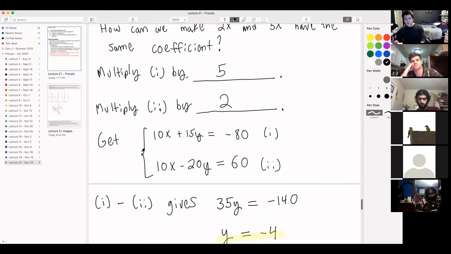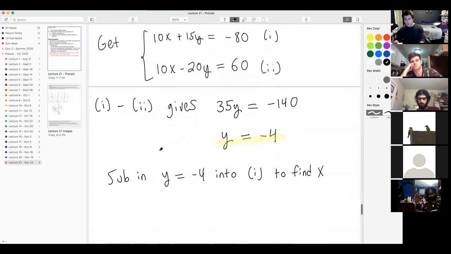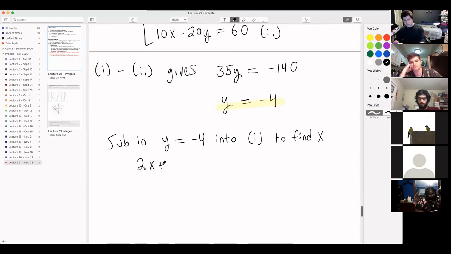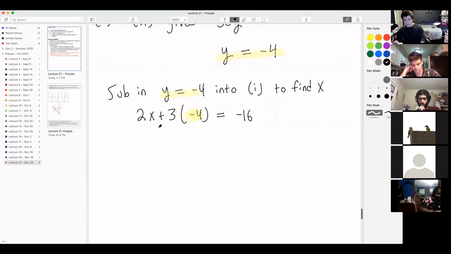Okay, so 2x plus 3 times negative 4 equals negative 16. So that's coming in right here. That's y. And I've solved this for x, so this is not really bad. This is 2x minus 12 is negative 16. Add 12 to both sides, you'll get 2x is equal to negative 4.